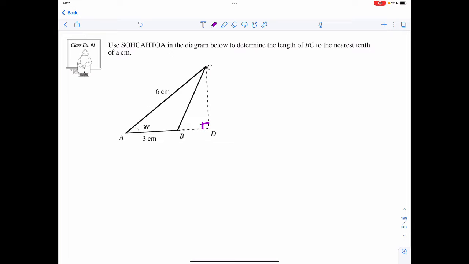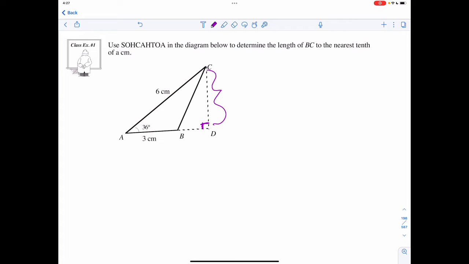We can find side length CD, given that this is now one big right angle triangle, and we know the acute angle, which is at A, and we know the hypotenuse, which is represented by b here.